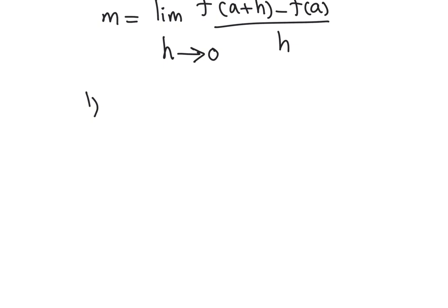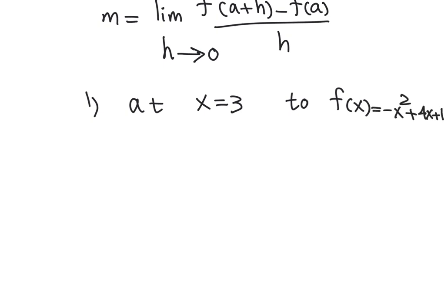Find the slope of tangent at x equals 3 to f of x equals minus x squared plus 4x plus 1. Okay, first step we calculate f of 3.